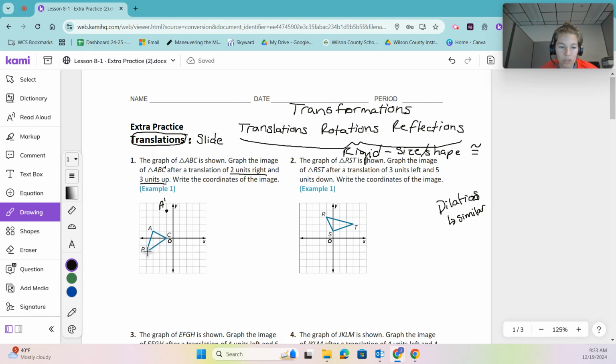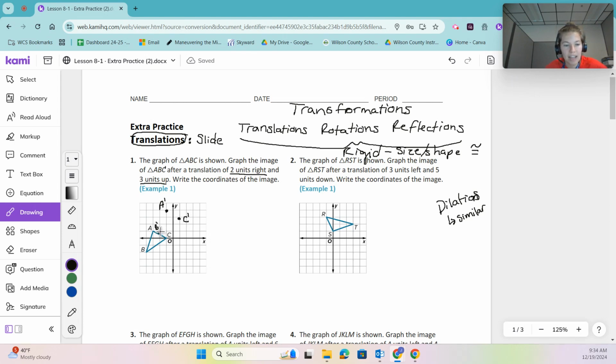So we'll do the same thing to B here. We go 1, 2 to the right and 1, 2, 3 up, and we're going to label that B prime. We'll do the same thing to C, 2 to the right and 3 units up. You have to do the same exact thing to every single point.